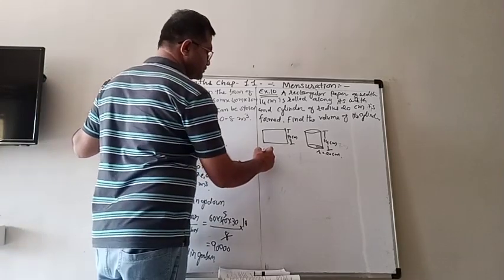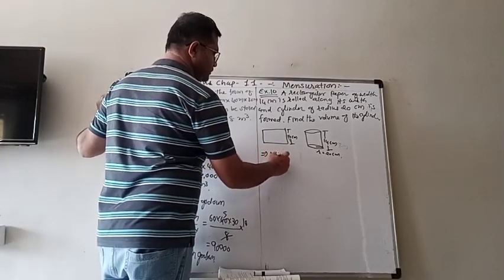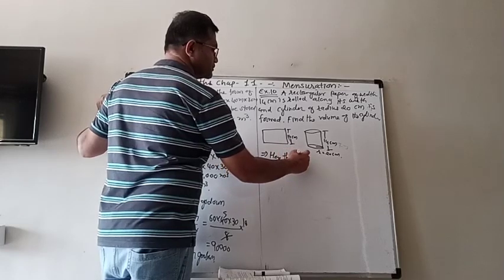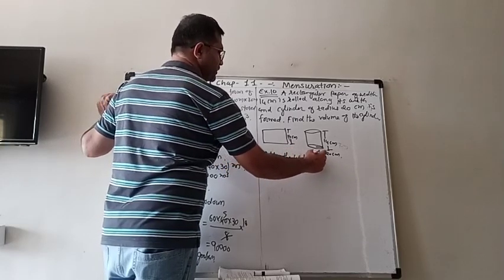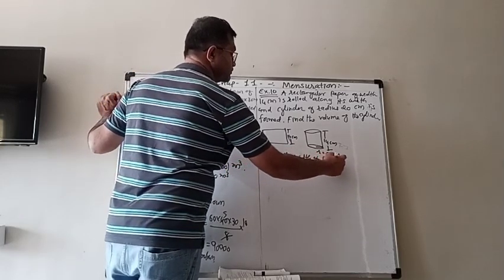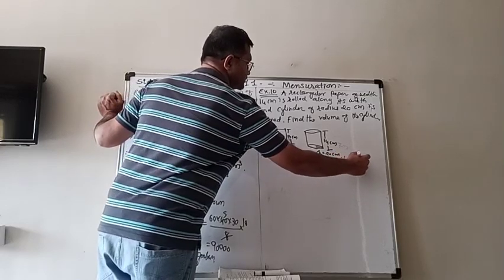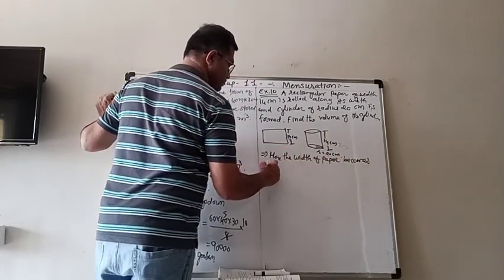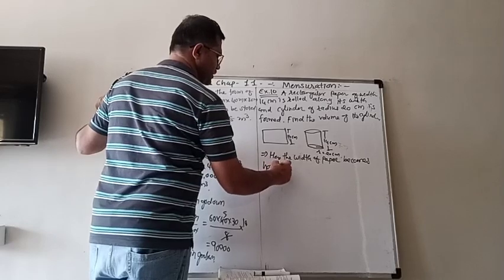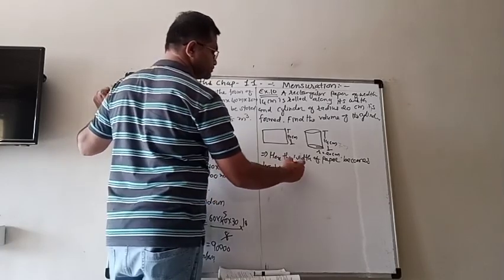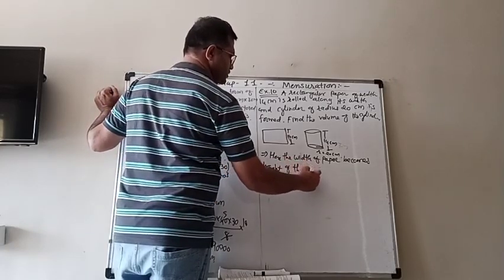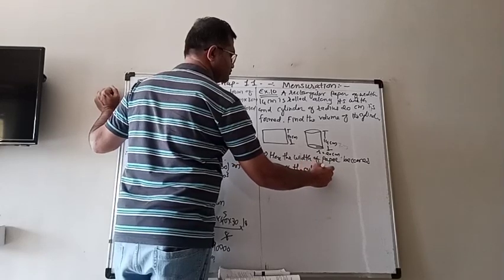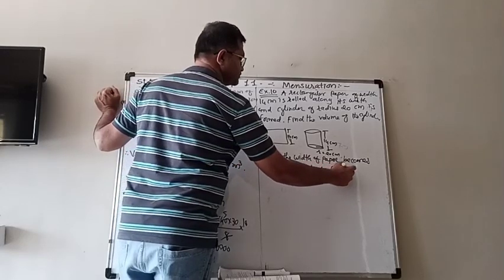So now here the width of paper becomes height of the cylinder formed.